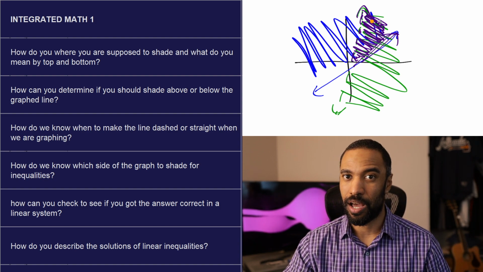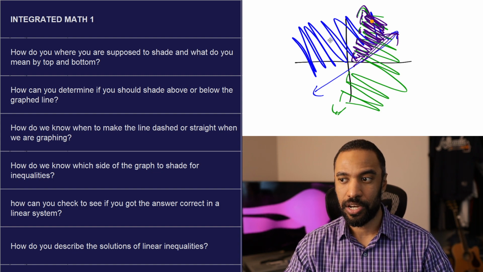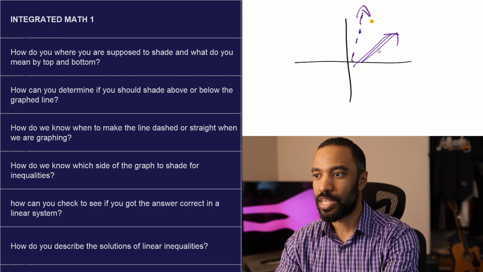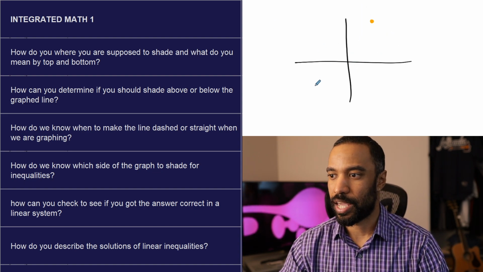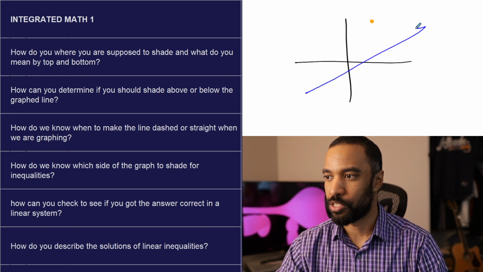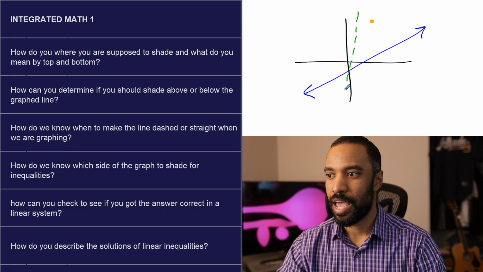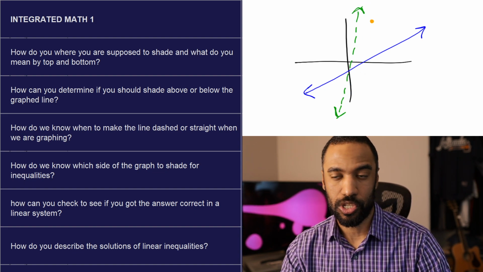And honestly, in another sense, let's say I didn't know which way to shade yet. I'm just going to remove it all. Let's say I just drew this boundary line here and this boundary line here, and I still didn't know which way to shade.